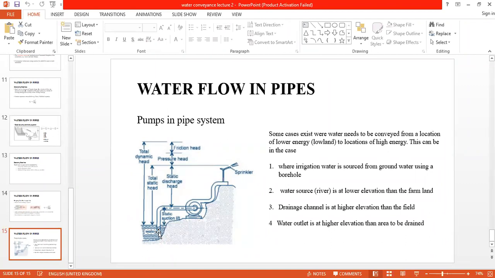So if you put a pipe to transfer water from your river to your farm, water will not go because it has to overcome that height for it to move to your farm. So basically what we do is that we install a pump which is going to suck water and then deliver it above there to your farm. For you to do that, you need to apply a certain form of energy.